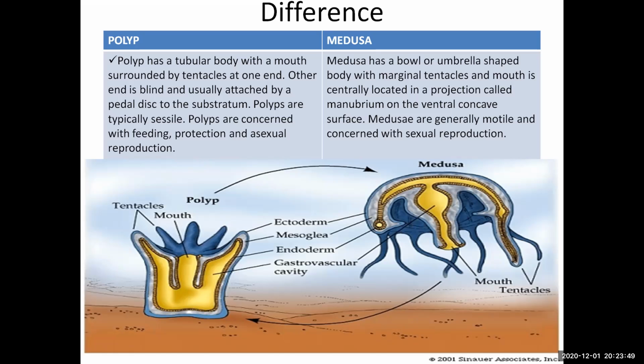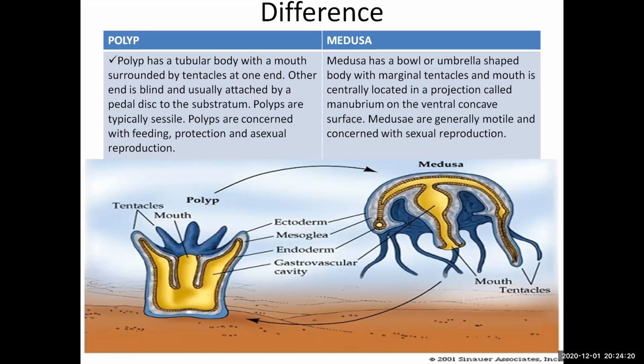For example, in Obelia, both the polyp and medusa forms are present. The polyp reproduces asexually to give rise to medusa, and the medusa produces gametes which reproduce sexually to form the polyp again.